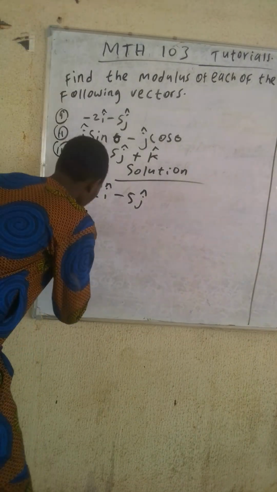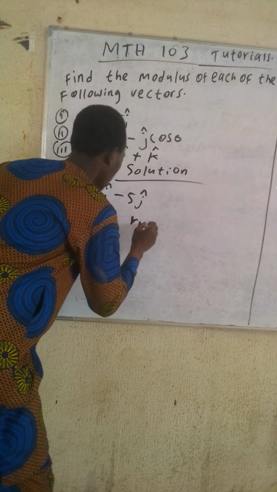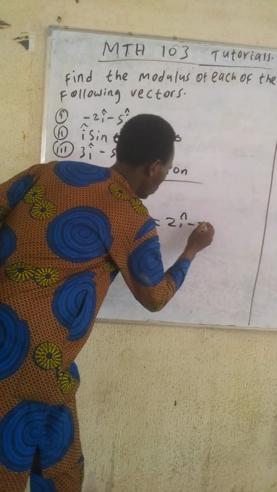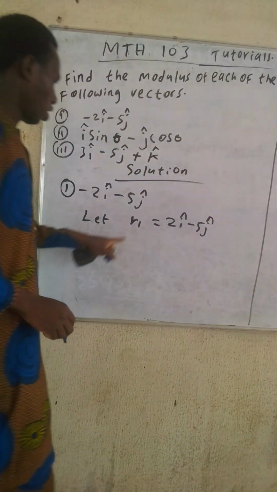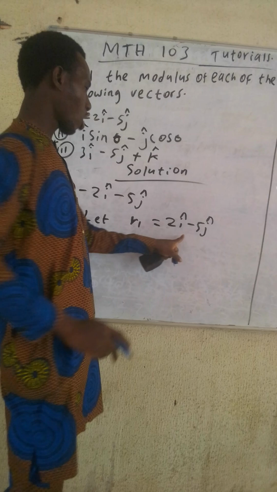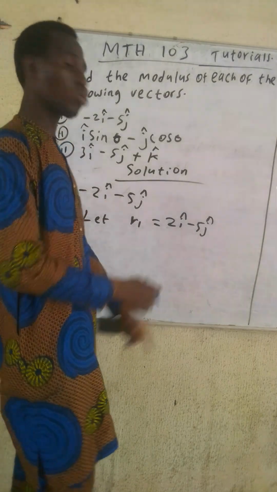Of course, let R1 equal this vector. Now let's find the modulus of this vector.